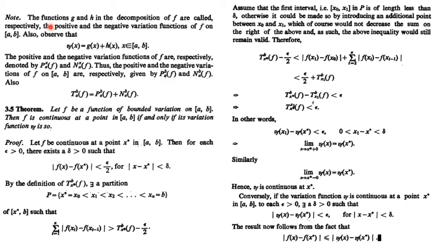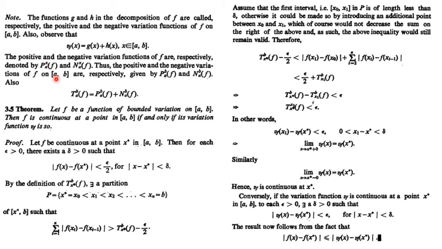Now you note that the functions g and h in the decomposition theorem of f, they are respectively the positive and negative variation functions of f. Okay, so the variation function of f(x) is nothing but the sum of these two functions, right? So the positive and negative variation functions of f are respectively denoted by P and N of the function f going from a to x.